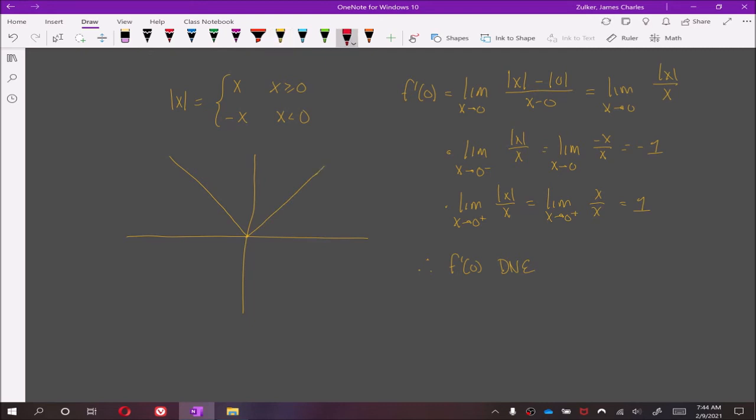Notice here at 0, we have what is known as a cusp. Right? It's meeting at a point, at a pointed edge. So if you have a graph of a function, anywhere you see a cusp on it, it's not differentiable at that point.